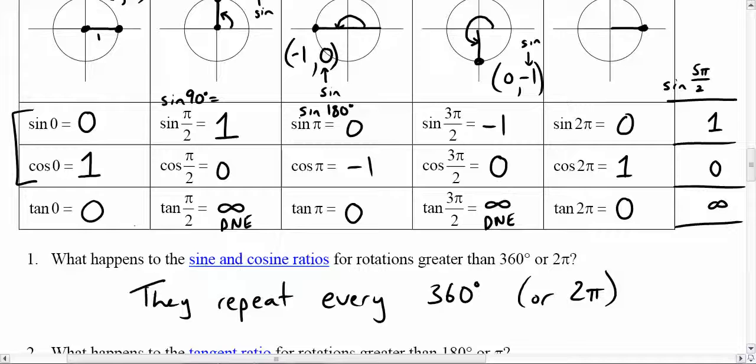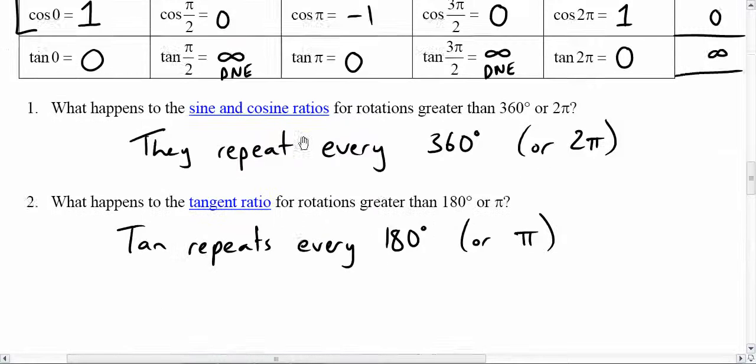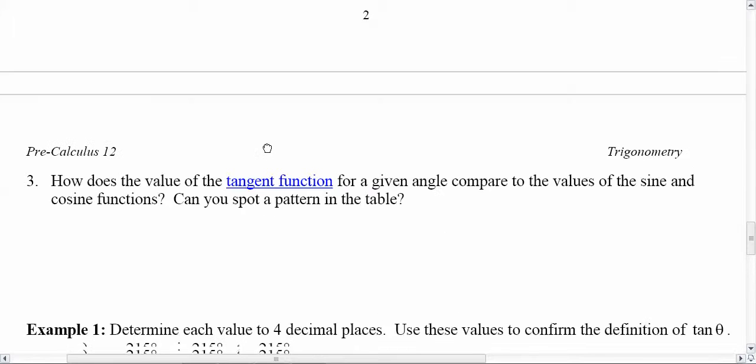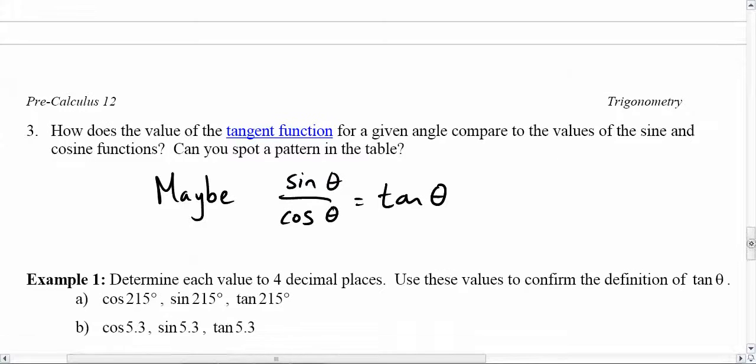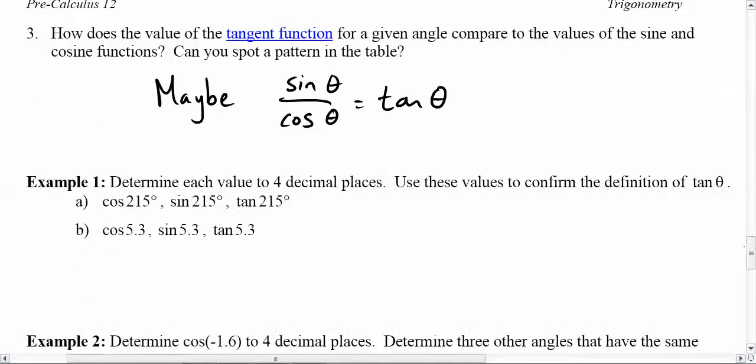Maybe if we divide the sine and cosine, maybe that gives us tangent. That seems like a pretty good guess based on the table. Let's check it using some numbers. So let's try with some other values and see if Brody's hypothesis will work.